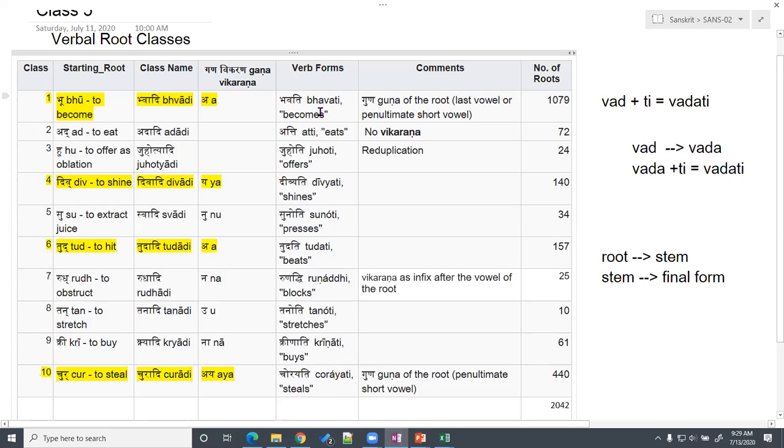So you see every form has ti in the end. Here it becomes ti because of Sandhi rules. But everything has ti, yet the forms look so different from each other because of the stem.